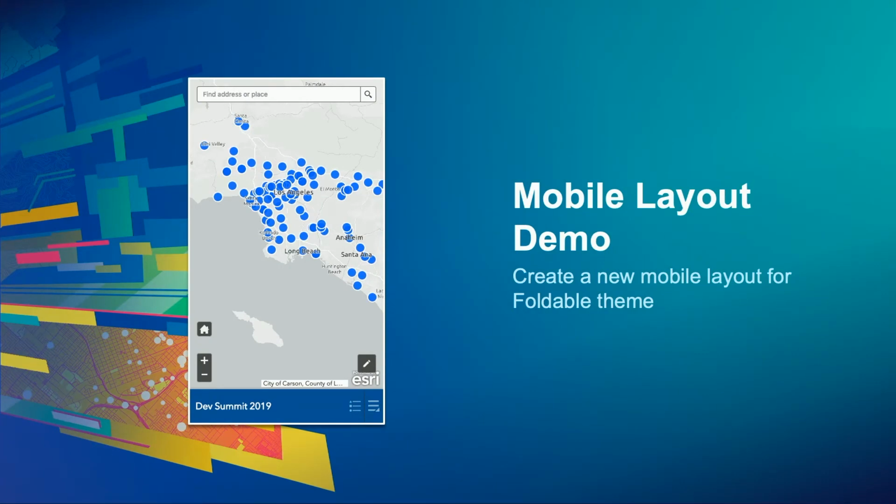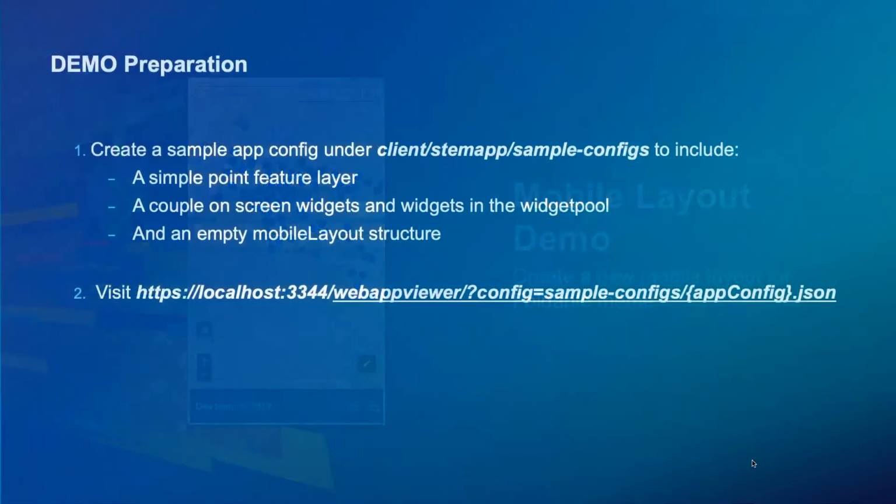So now I'm going to quickly do a demo on how to create a new mobile layout based on the foldable theme, to change some of the position settings for mobile. Okay, here's a quick demo preparation slide. I'm going to do a couple of things first.